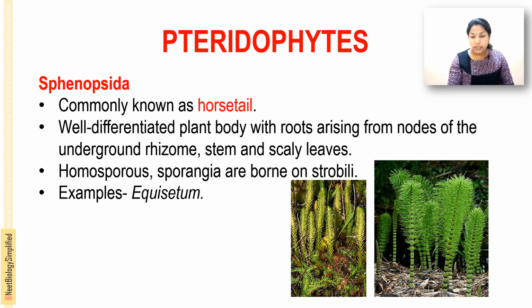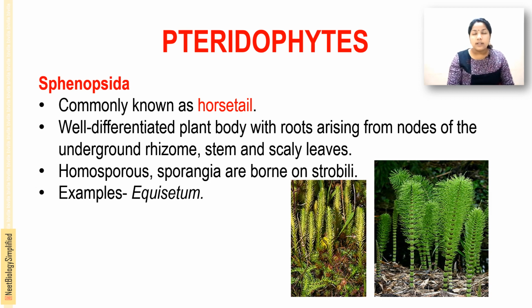Homosporous, single type of spores. Sporangia are borne on strobili, cone-like structures, and in the sporangia the spores develop. Example, Equisetum. This is a picture of Equisetum.